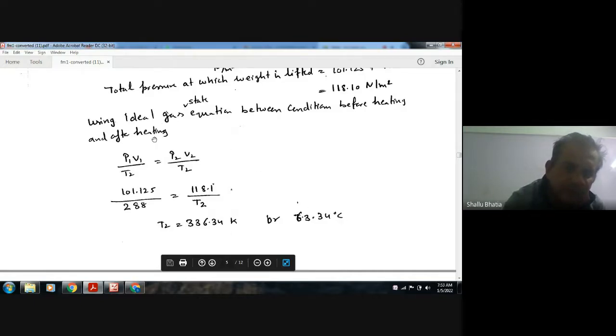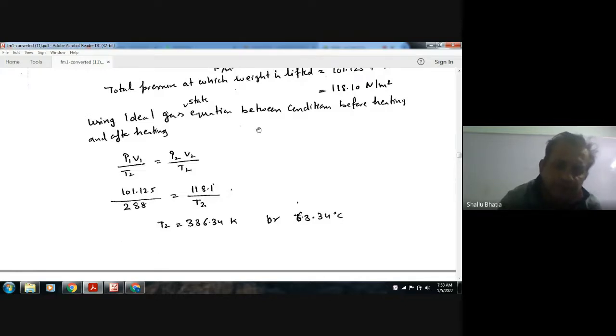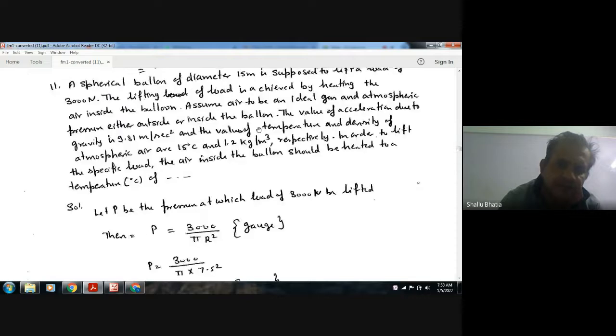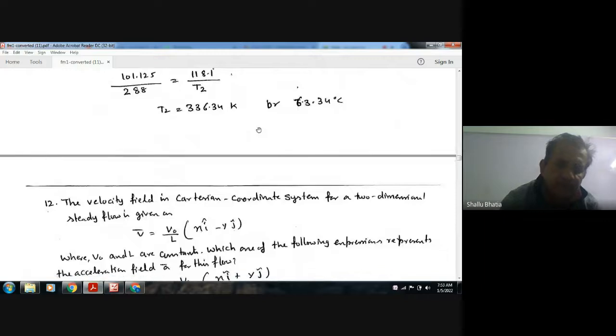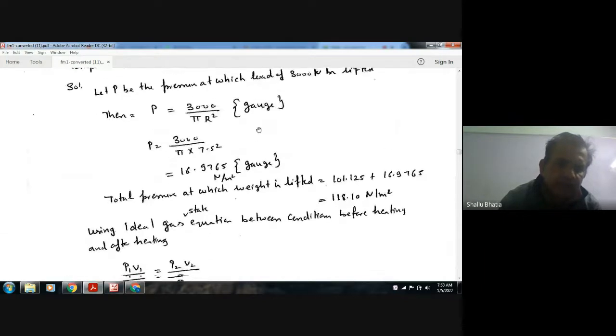Using the ideal gas state equation, we can find the temperature T2, which is 326.34 K. So the answer is 53.34 degrees Celsius.